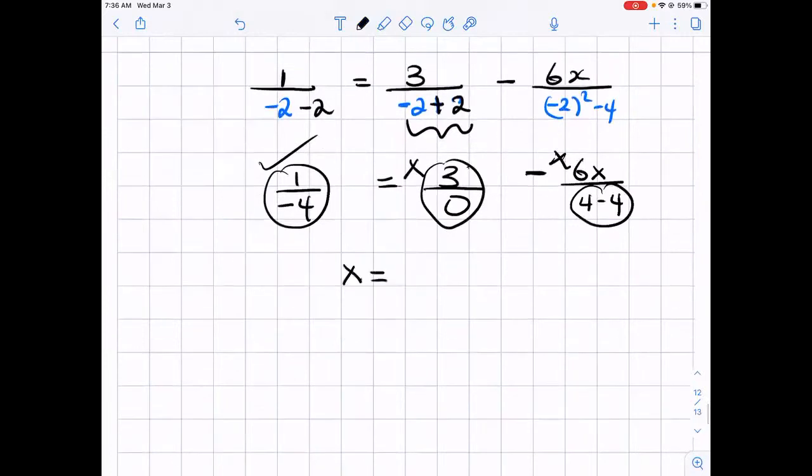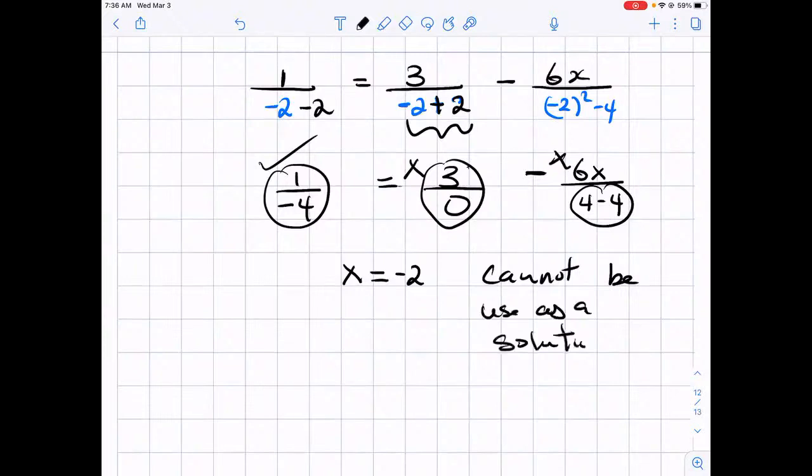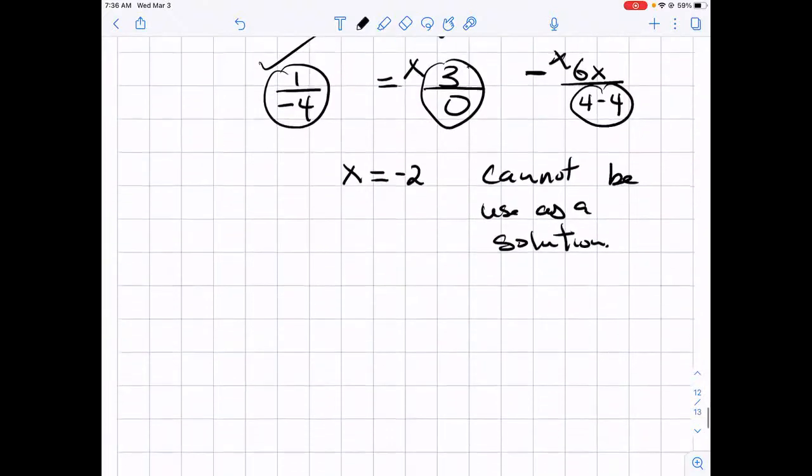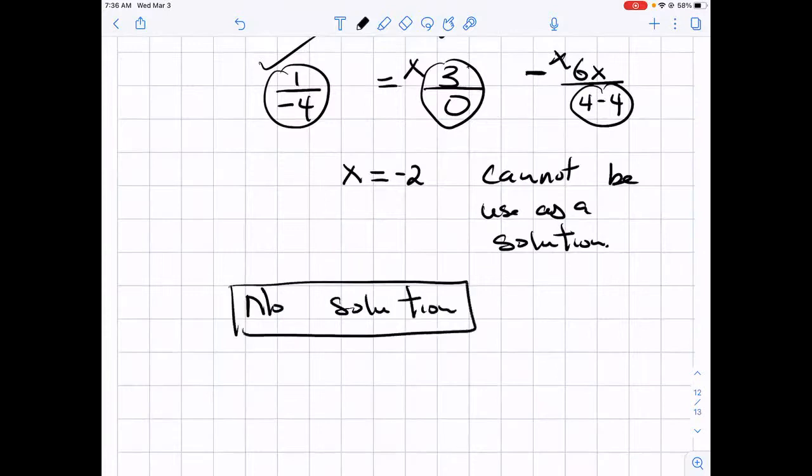So x equals minus 2 cannot be used as a solution. Okay? So this problem has no solution. This is the answer. There is no solution. Period. Okay? No solution. And that's because there is 0 in the denominator.